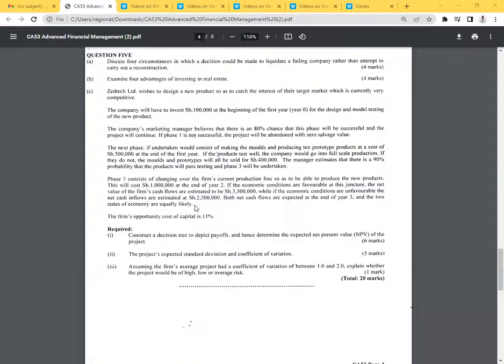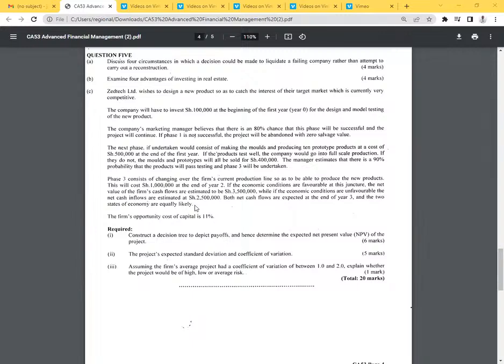If the economic conditions are favorable at this juncture, the net value of the firm's cash flows are estimated to be $3.5 million, while if the economic conditions are unfavorable, the net cash inflows are estimated at $2.5 million. Both net cash flows are expected at the end of year 3, and the two states of economy are equally likely.